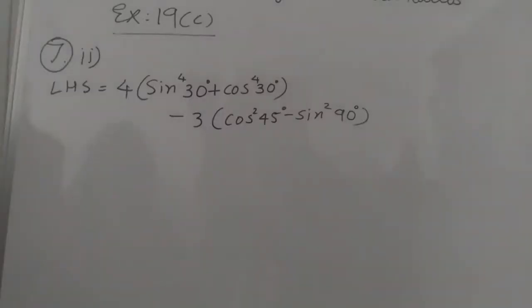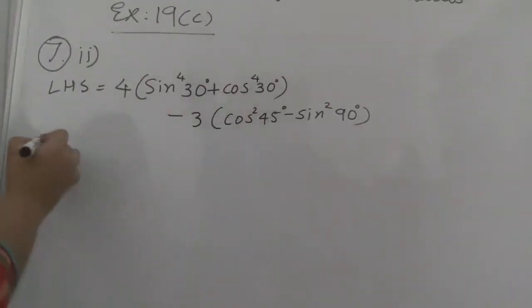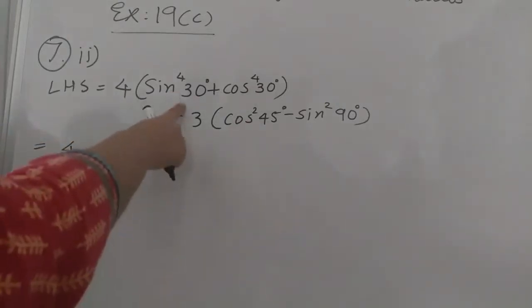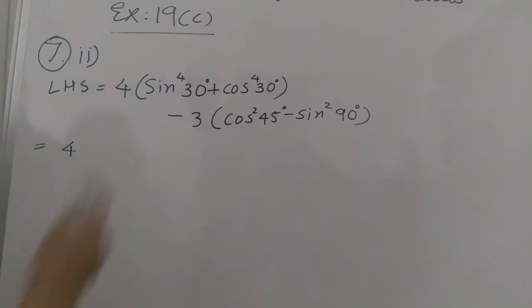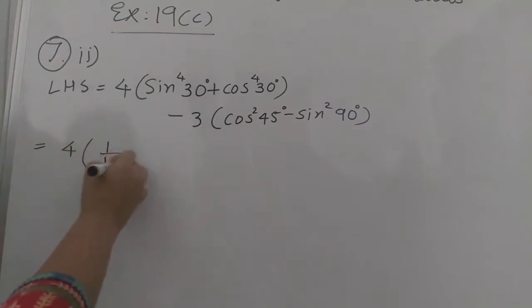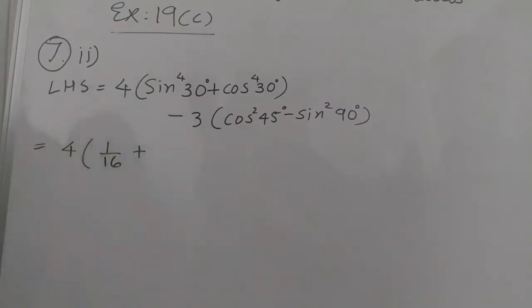Now question 7, it is a prove that type of question. So I am taking the second part of it. First you solve by yourself similarly. So left hand side I have already written. Now we will substitute values. Sin 30 is 1 by 2 but having power 4. So 1 by 2 power 4 becomes 1 by 16 plus cos 30.